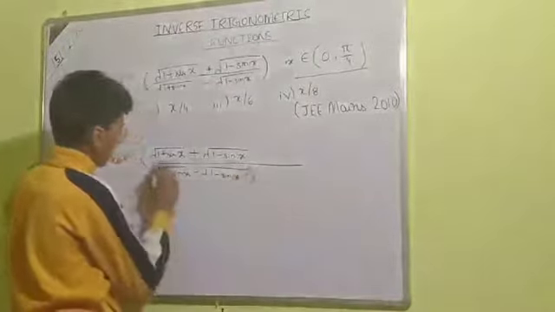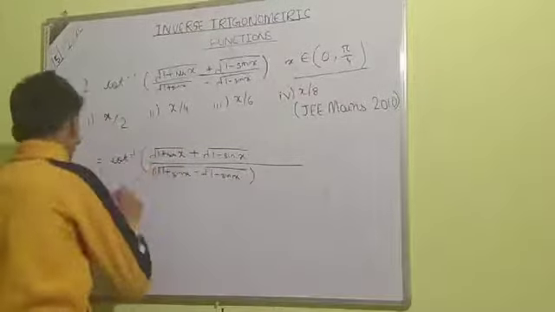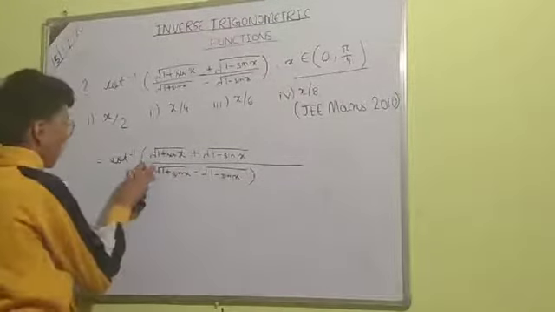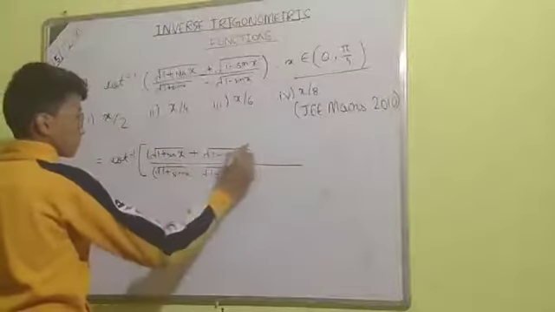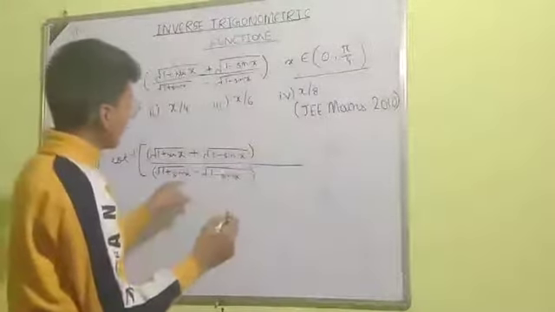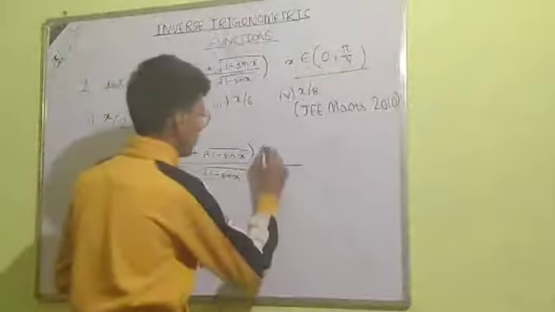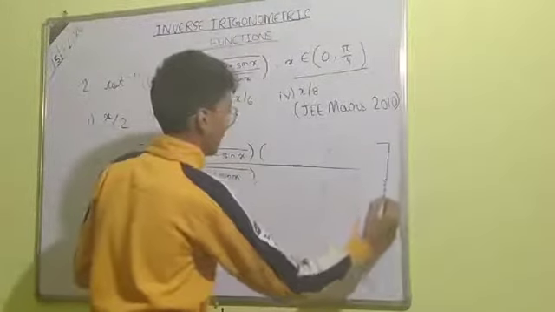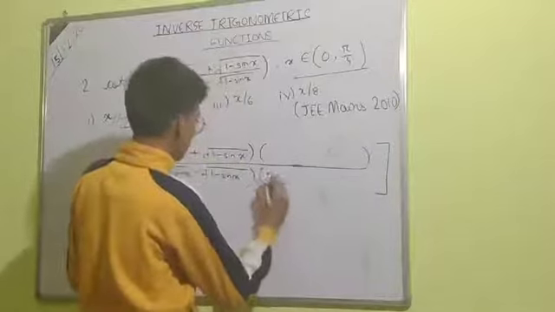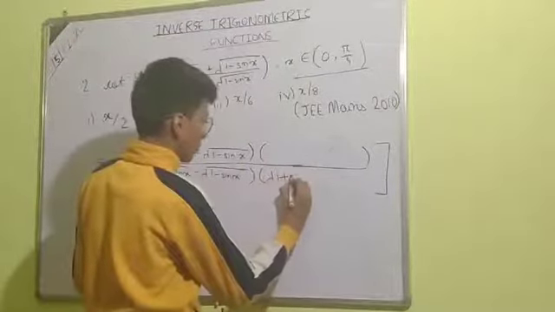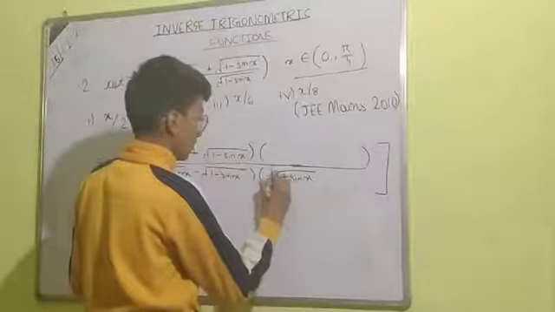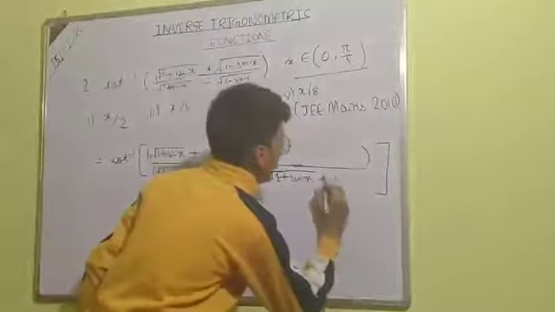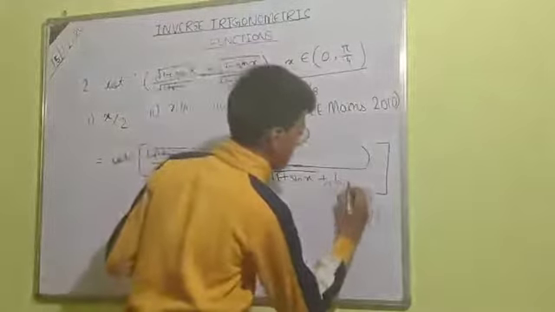So let it be curly bracket or big bracket. So we will multiply this, but with this in opposite sign. So this will be here root 1 plus sin x, but here we will put plus.